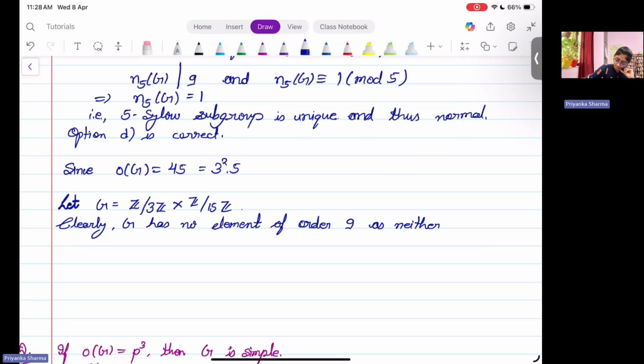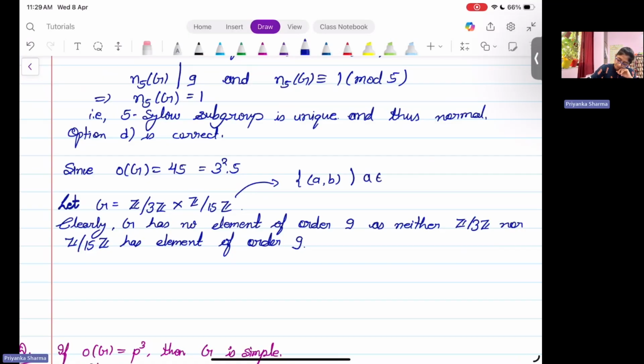Yes. Neither Z/3Z nor Z/15Z has an element of order 9. Actually, it will have elements of the form (A, B), where A is coming from Z/3Z and B is coming from Z/15Z. So what will be the order of (A, B)?